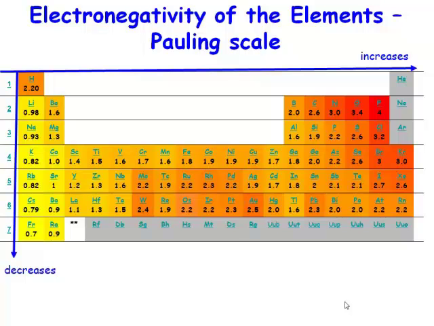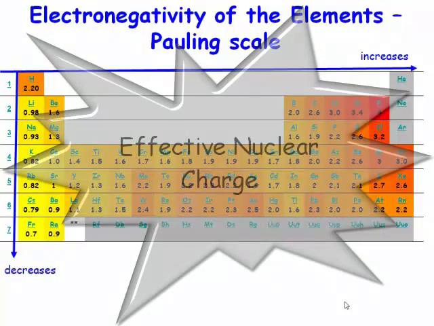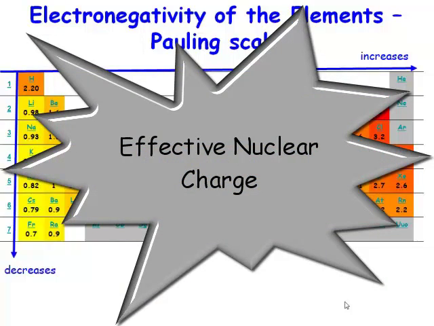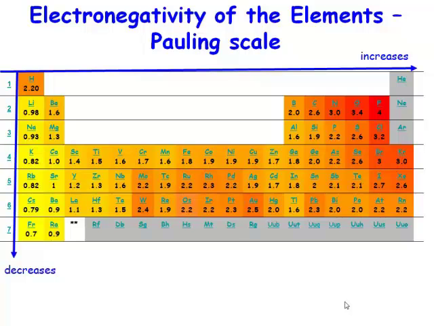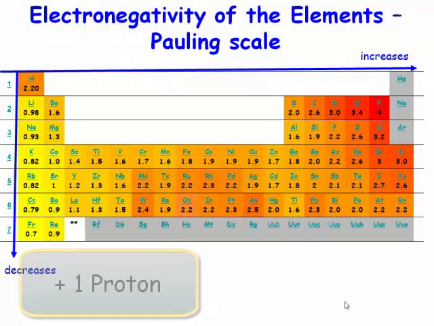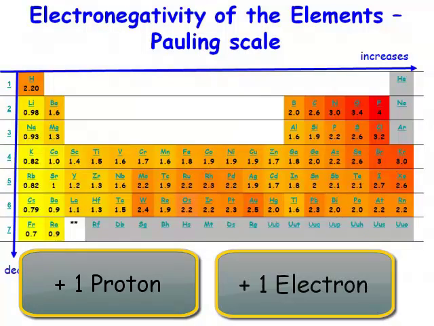Why is there this trend that electronegativity increases from left to right across the periodic table? Well, the origin of that trend is the concept of effective nuclear charge. As you go from left to right in the periodic table, what happens? You add a proton and you add an electron.